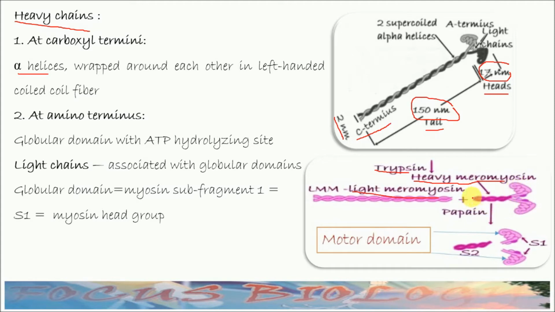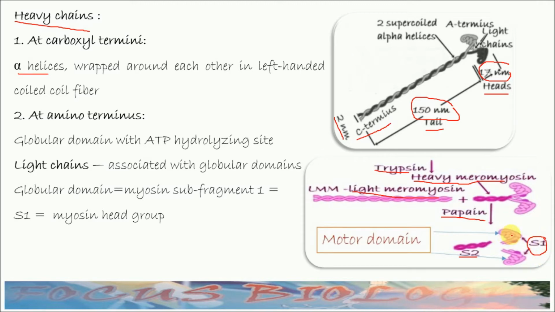If we treat this heavy meromyosin with papain, then again these fragments are formed. One is called S2 and this one is called S1, or head, myosin head.